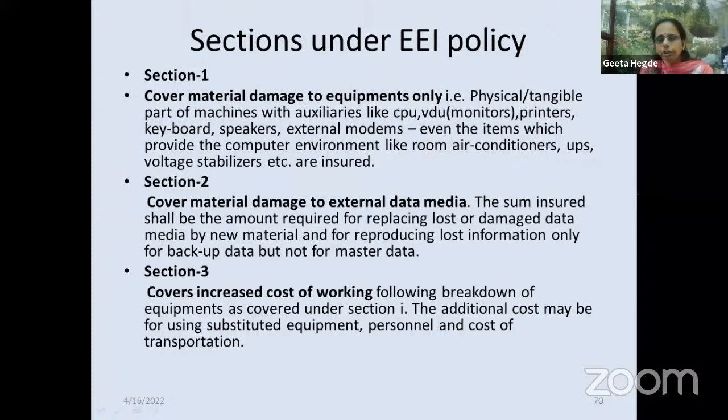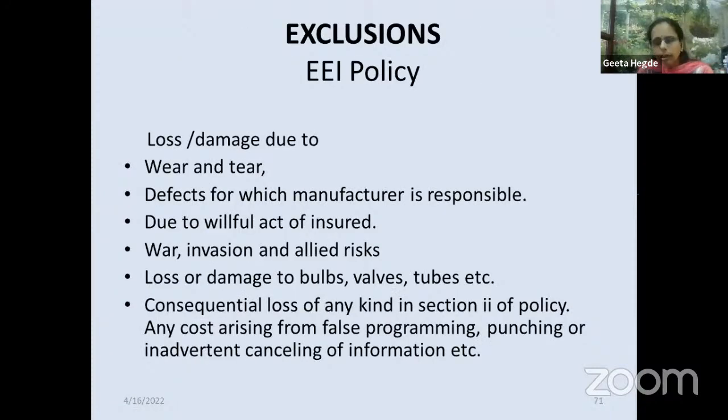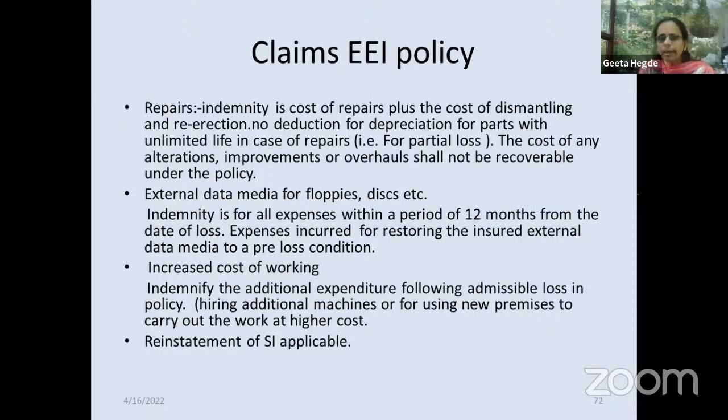Exclusions: wear and tear, defects, war, willful act, loss or damage to the bulb, consequential loss of any kind. There can be repairs, cost of dismantling, re-erection, no deduction for depreciation. In case of repairs, no deduction for depreciation, but for total replacement, there will be deduction of depreciation.